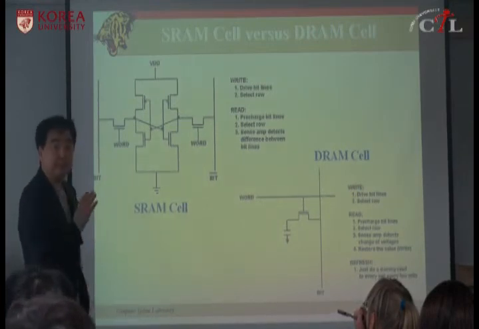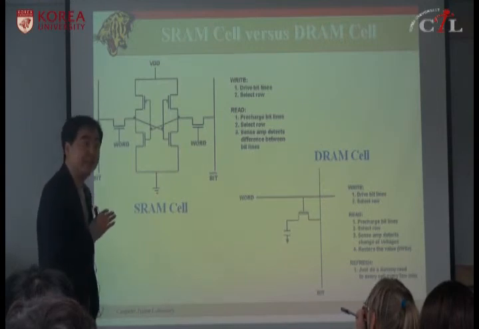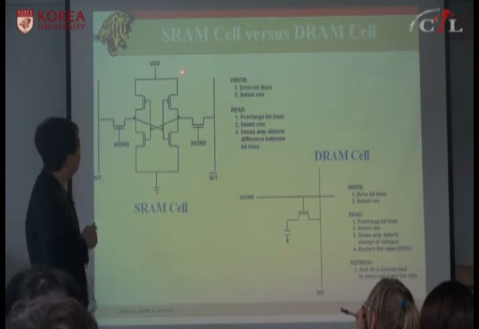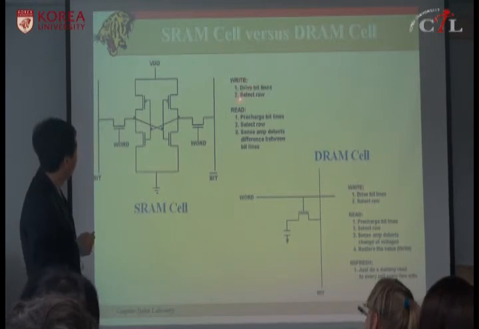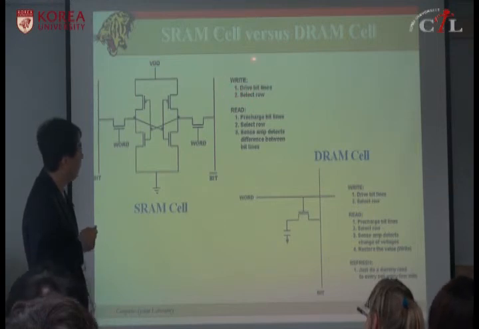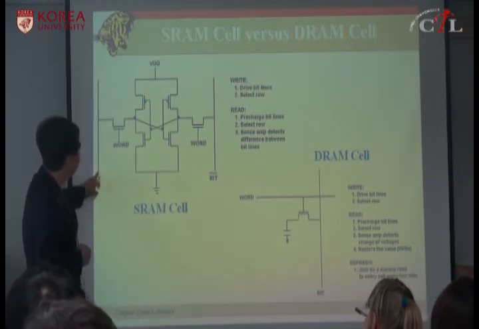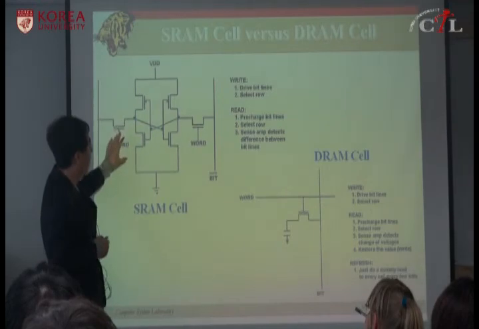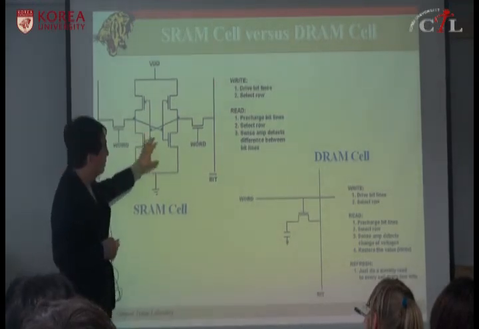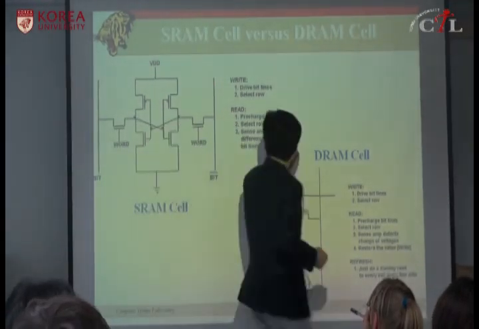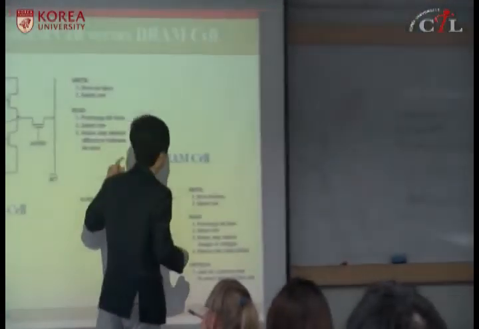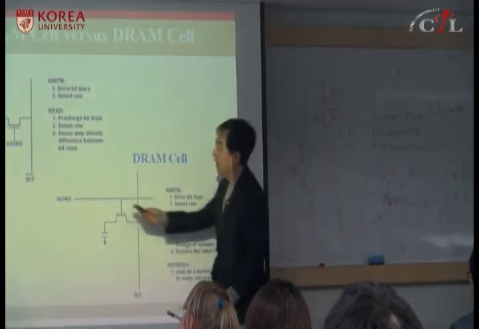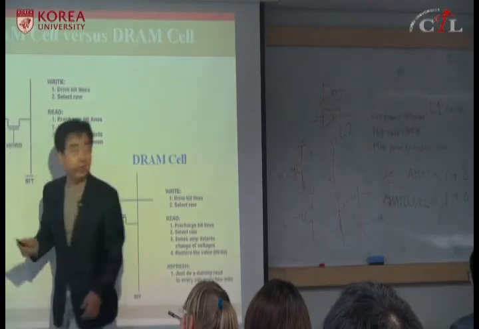Let me give you a simple explanation of SRAM and DRAM operation. Let's look at this SRAM cell. If you want to do a write, you drive the bit line. You have the normal output and the complemented output, Q and Q bar.